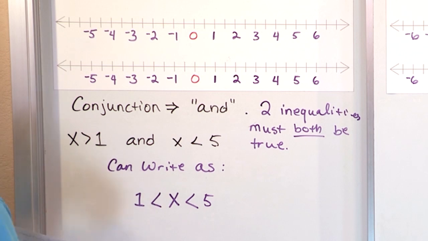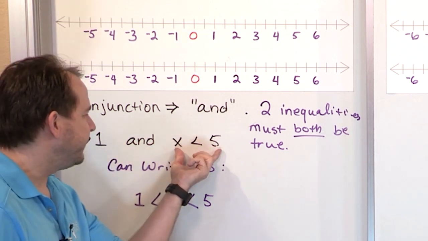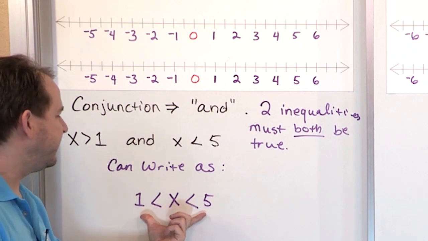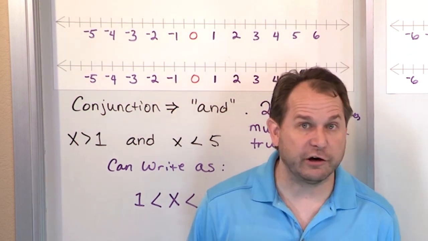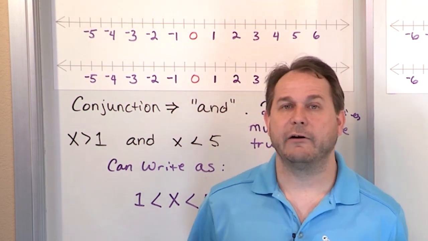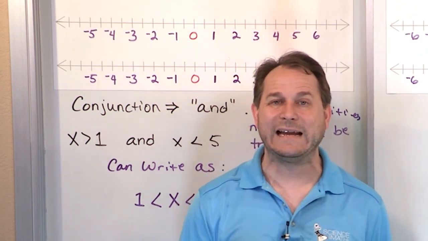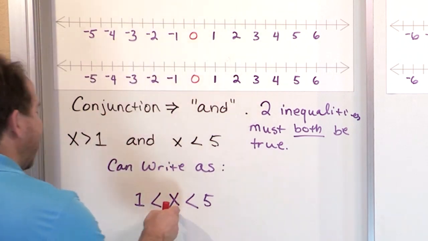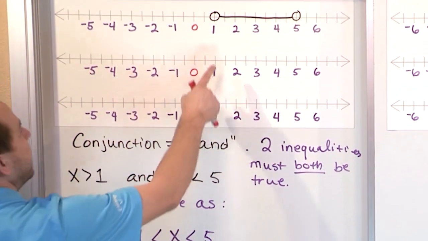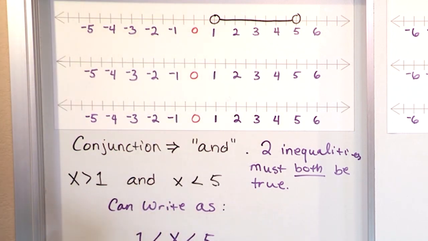So in your problems, half the time you'll see it written with an "and," and the other half the time you'll see it written as a double inequality, or compound inequality, or a conjunction inequality, where you have the double arrowheads. When you see these double arrowheads, you know that they're anded together. So x greater than 1, x less than 5. That's what we've represented in our drawing there.